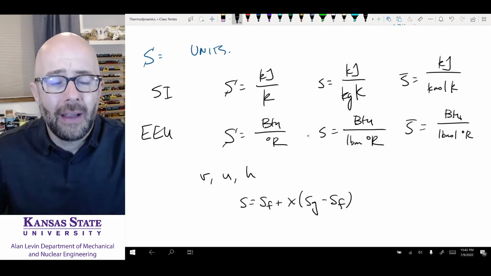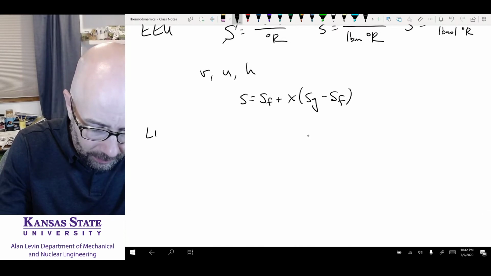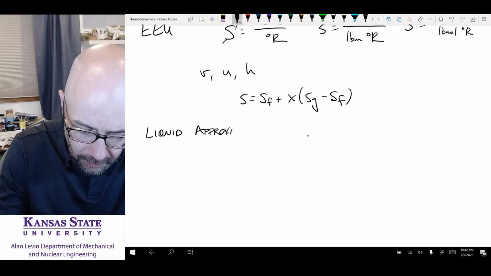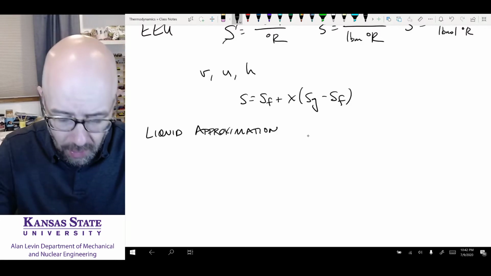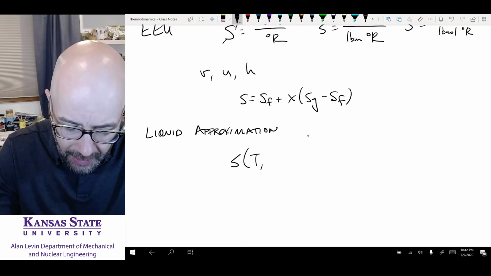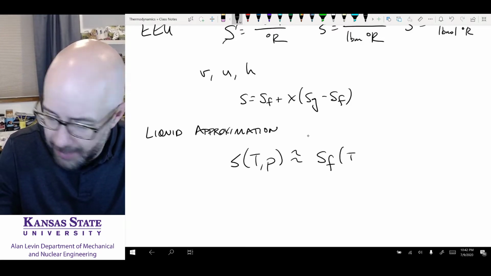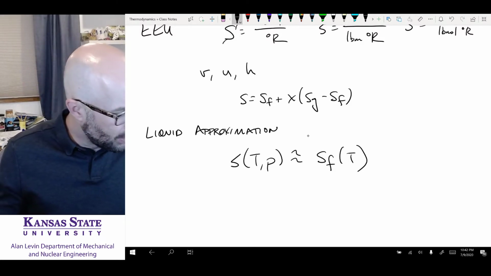We can also make the liquid approximation that we talked about. What was a liquid approximation for everything? If you give me the temperature and the pressure, I can approximate this to equal the saturated liquid at whatever temperature I'm at. So it's really no big new news that we're dealing with.